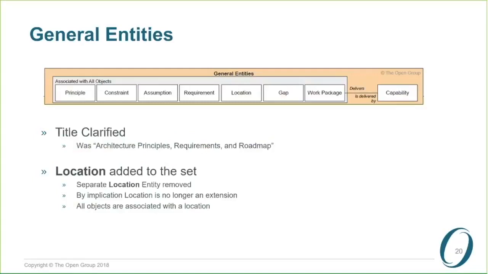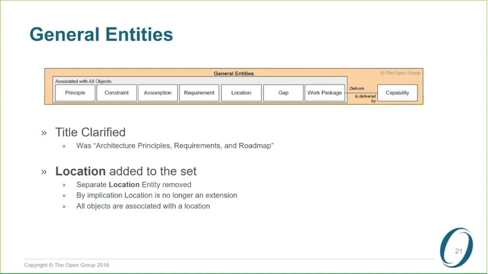It did have a very odd name called Architecture Principles, Requirements and Roadmap. We've simply now called it General Entities and highlighted the fact that these are effectively characteristics of everything else in the meta model.